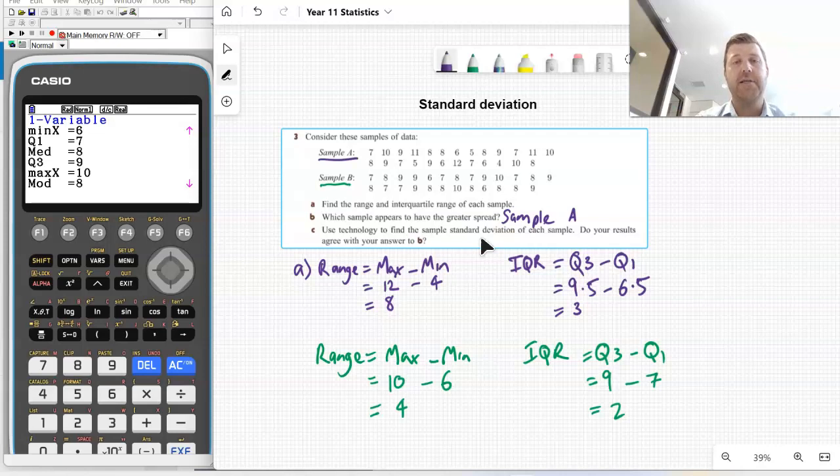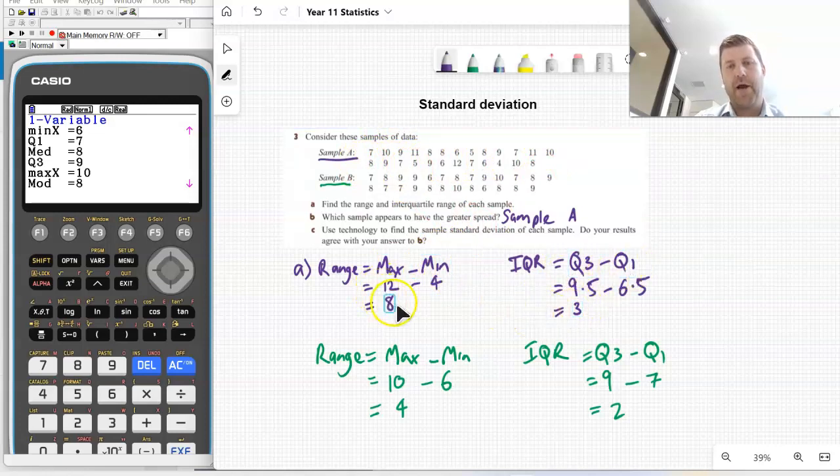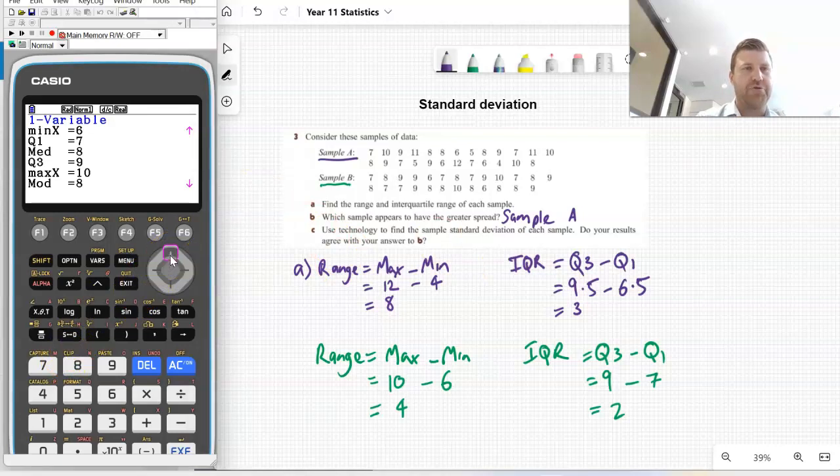So it's taking into consideration each data point, not just two values to determine a range. Again, I won't go into the details of the formula, but I'm going to grab the standard deviation straight from my graphics calculator.